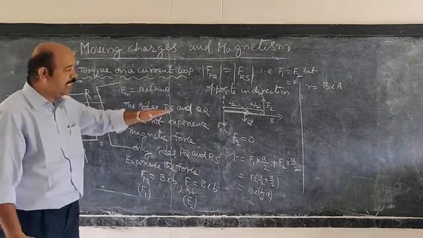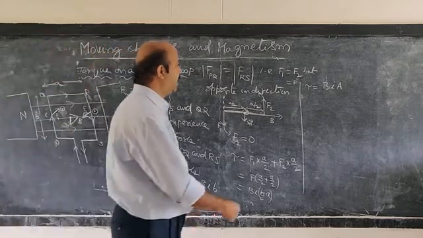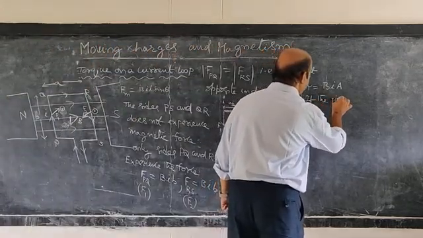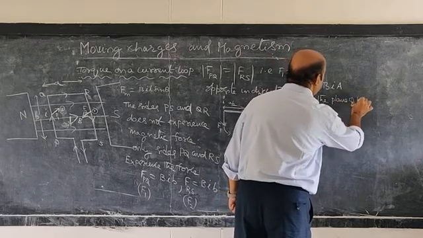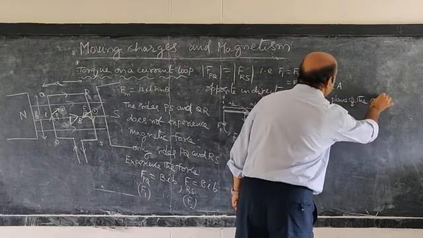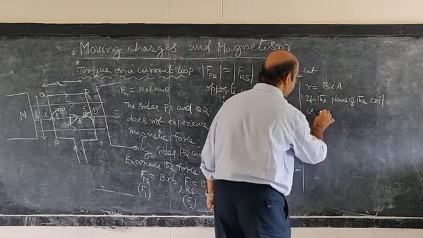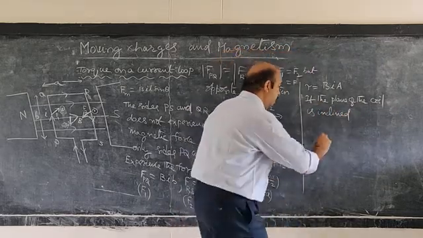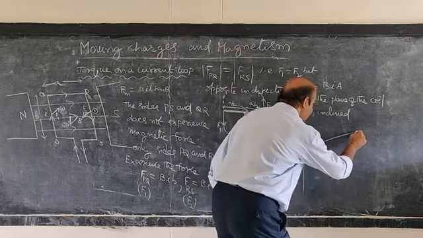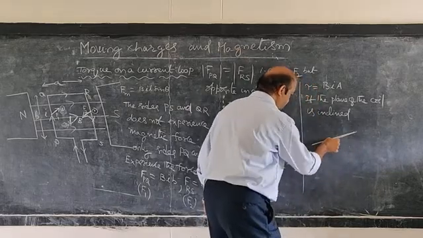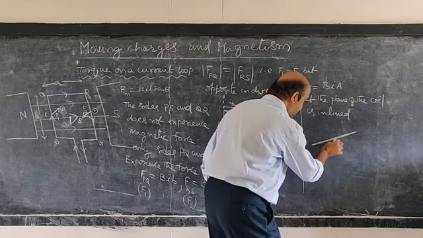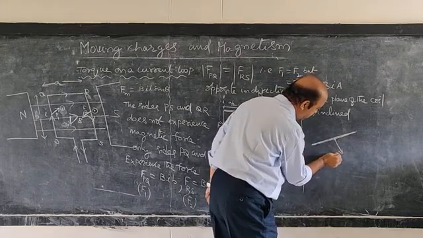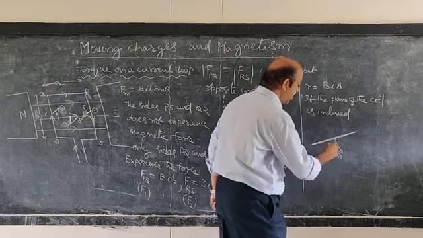Suppose if the plane of the coil is inclined to the magnetic field direction, so let us suppose this is how this coil is, and of course at the center the magnetic moment, let it be represented by this.